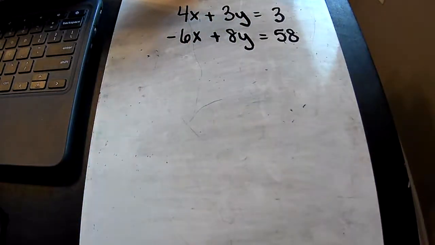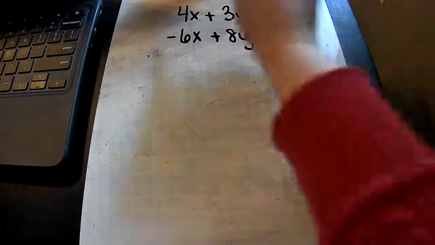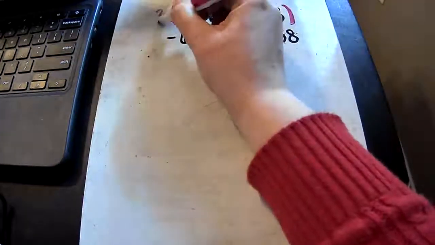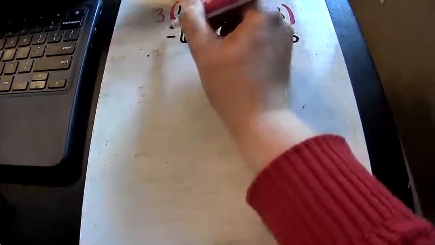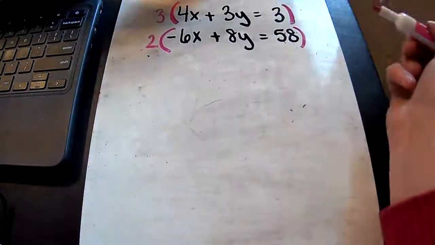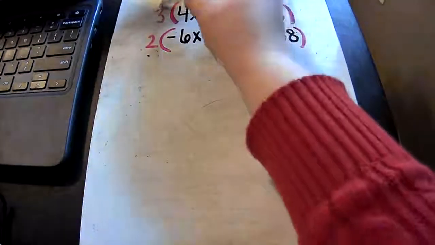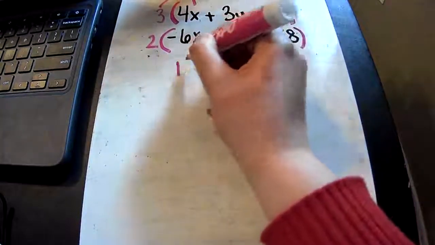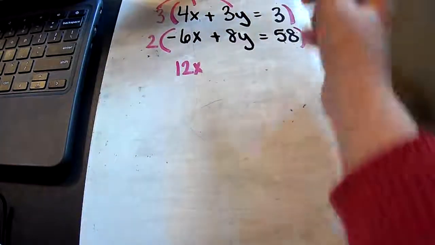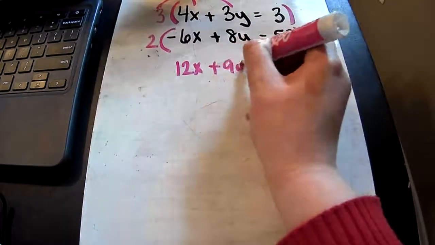So if I multiply my first equation, the whole equation, all of it, by 3, and then I multiply all of the bottom equation by 2, that's going to give me, well, 3 times 4x is 12x. 3 times positive 3y is 9y.